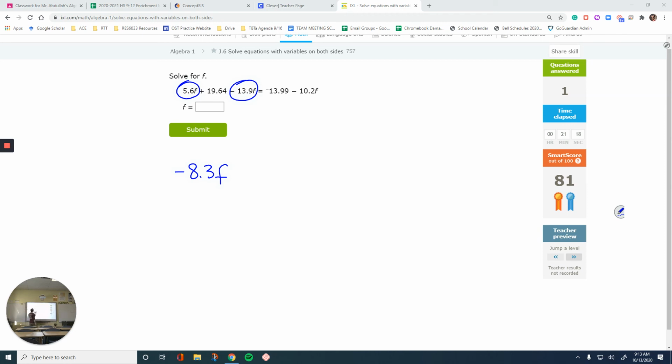So I'm putting the variables in blue, so let's just put the number on the left in red, plus 19.64. I'll drop down the equal, and then the numbers are in red, negative 13.99. What kind of numbers are these? And then minus 10.2f.